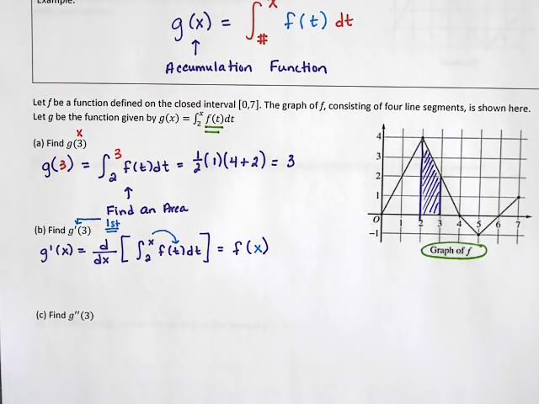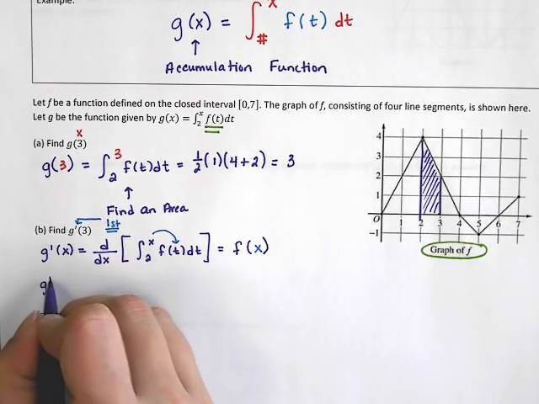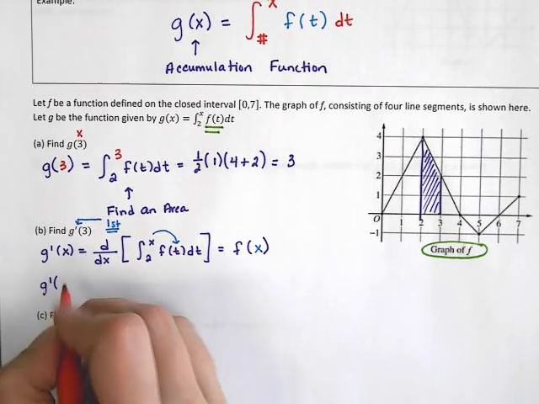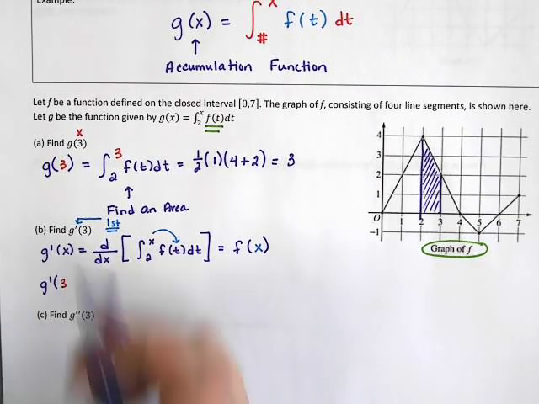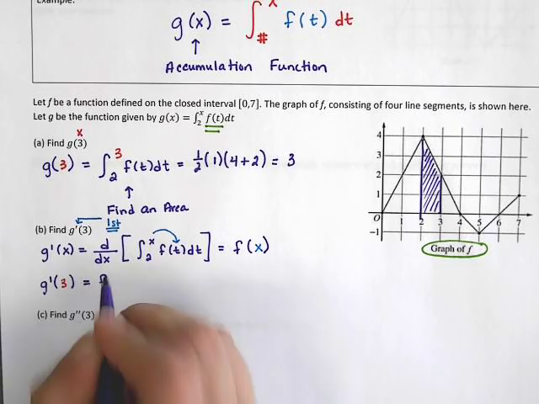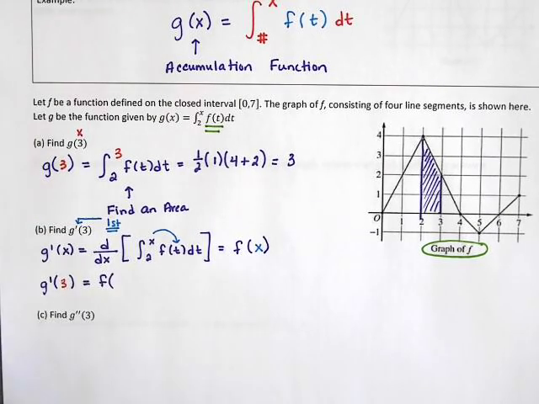So now that I know that g prime of x is just f of x, if I want to find g prime of 3, what that really means is that I need to find f of 3.